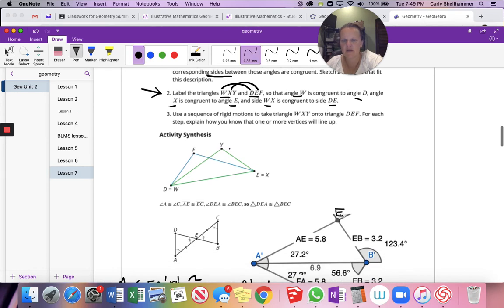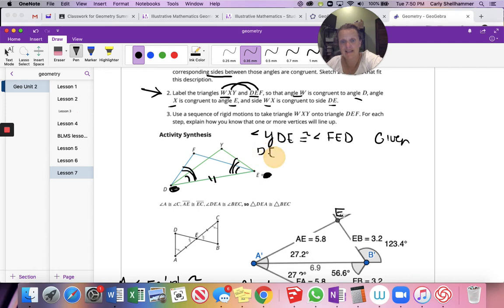I'm getting rid of half these letters though because it's way confusing. I can see that these two angles are congruent, these two angles are congruent, and those sides are shared. So I can say angle YDE is congruent to angle FED, and we can say that's given.